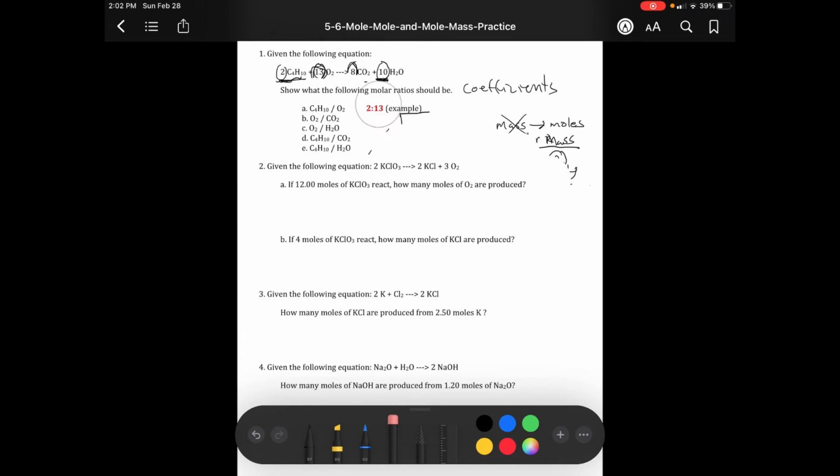But let me write the steps down for mole to mole conversion again. If you didn't get that, you can rewind that because I want you to fill out this whole sheet. So the steps are going to be from mole to mole, right?